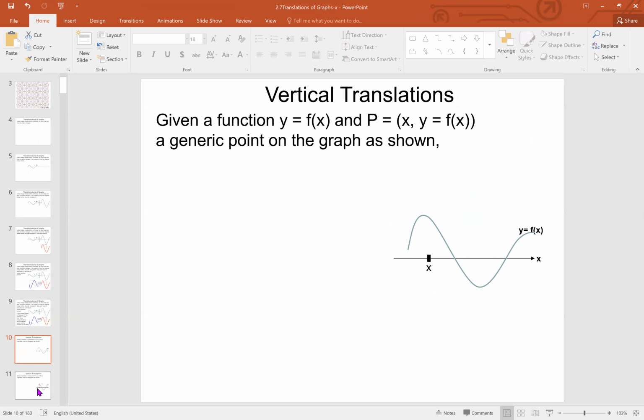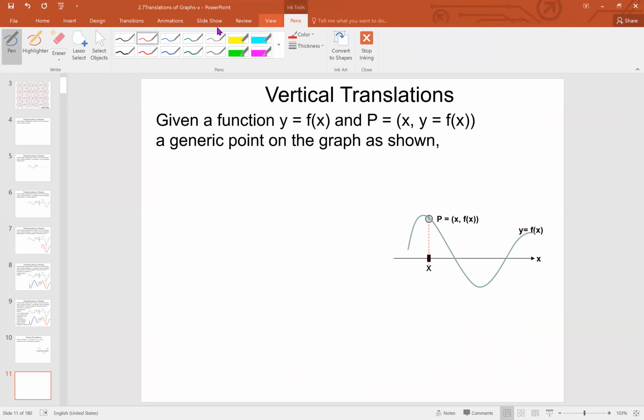The important ingredient here is that I have a curve given by some formula y equals f of x, and I have a point x over here. Associated with x is a point on the curve, (x, y).